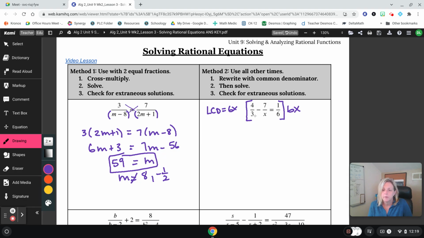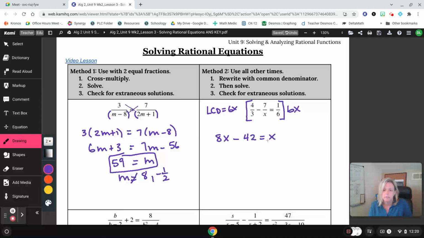6x divided by 3x is 2x, so we take 2x times 4, which is 8x. 6x divided by x is 6, and 6 times 7 is 42. And 6x divided by 6 is x, and x times 1 is just x. So all I did was distribute that and simplify.